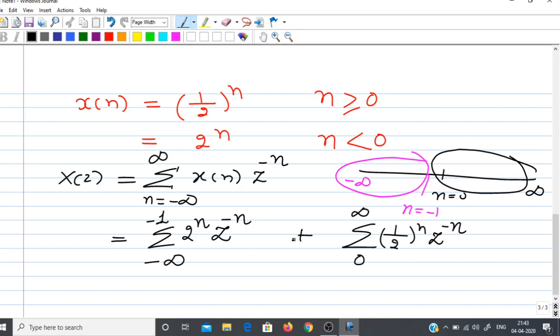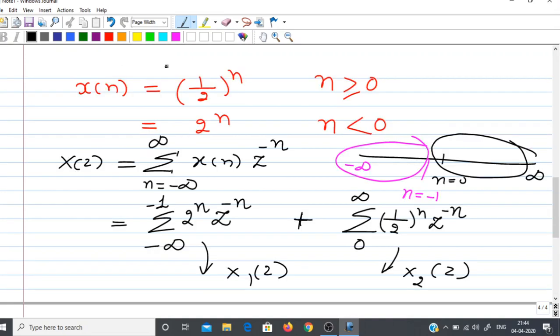Now this time we have two summations, two series. Let's say this is x1 and this is x2, and we work out x1 and x2 separately. In fact, we have already worked them out, but for the sake of revision, I will work them out again.